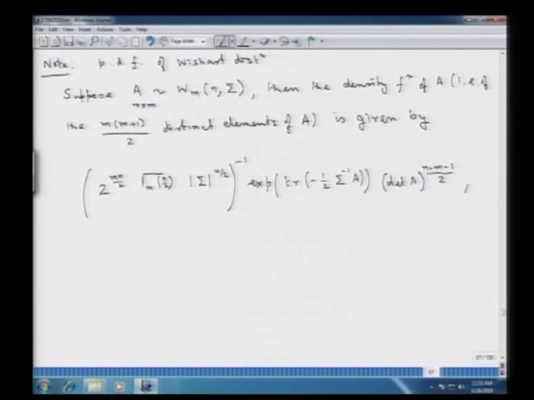Now, for A to be positive definite, this is the probability density function, or the joint probability density function, of the m into m plus 1 by 2 distinct elements of this Wishart distribution, where this function is a multivariate gamma function.